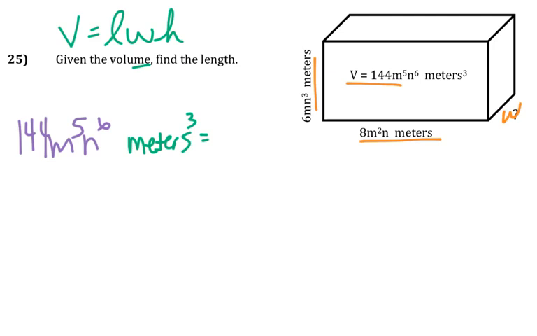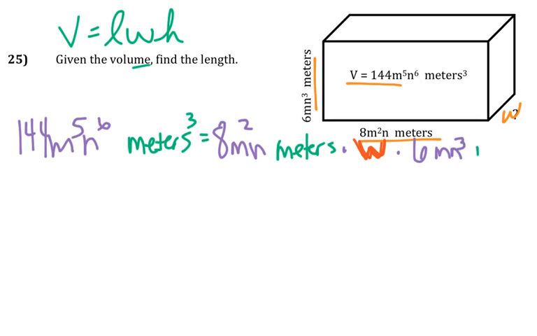And that's equal to my length, which is 8m to the second n, and then meters, times my width is what I'm looking for. So I'm going to just do a W for that. And then my height is 6m n to the third. And then that's in meters.